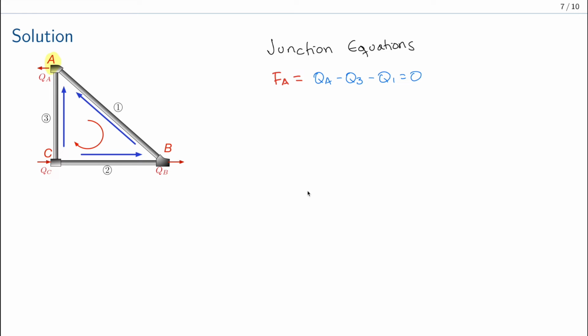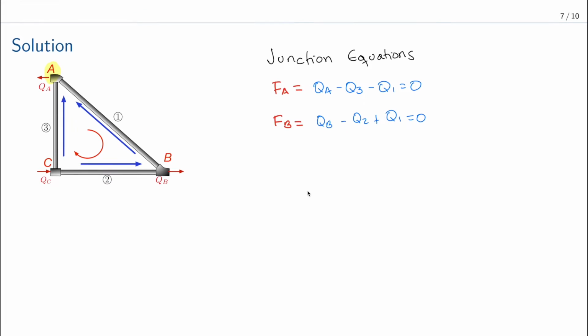Now for B, QB is outflow, the Q in pipe 2 is in, and the Q in pipe 1 is out. So QB, which is out, equal to minus Q2, which is coming in, minus Q1, which is coming out.